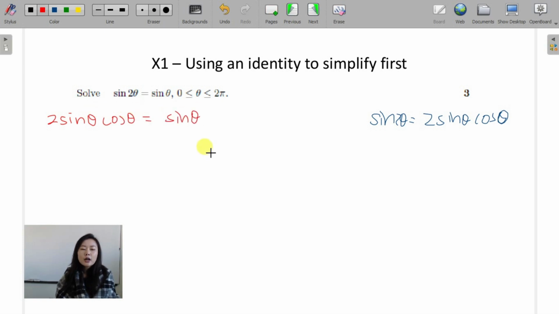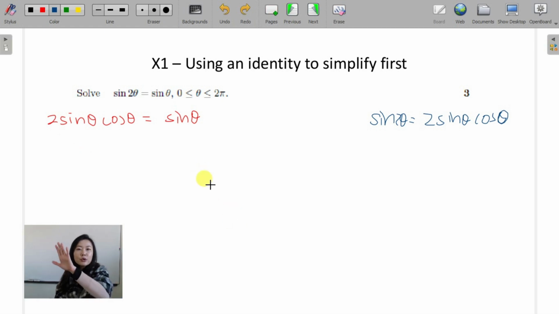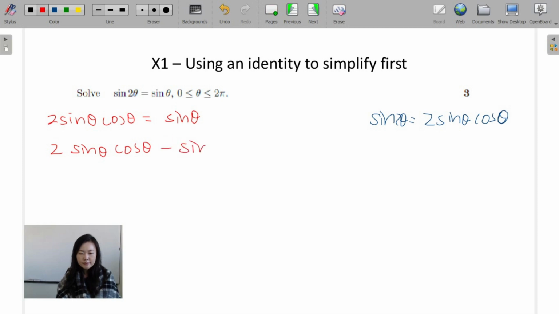Now, the most common mistake in this type of question is to then divide both sides by sine theta. When you divide both sides by sine theta, you actually tend to lose answers. So always avoid dividing by a ratio. We don't want to divide by sine theta. Instead, we want to move everything to one side, and then factorize.